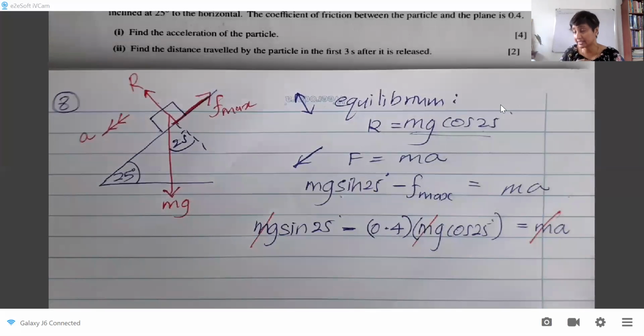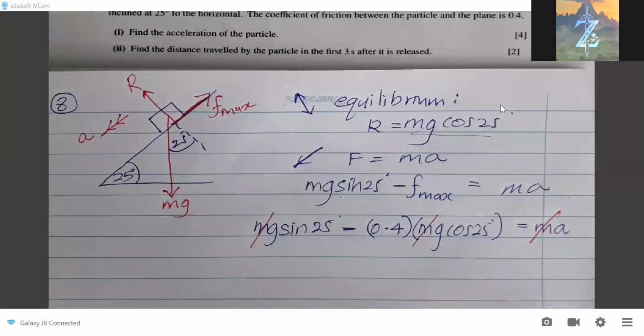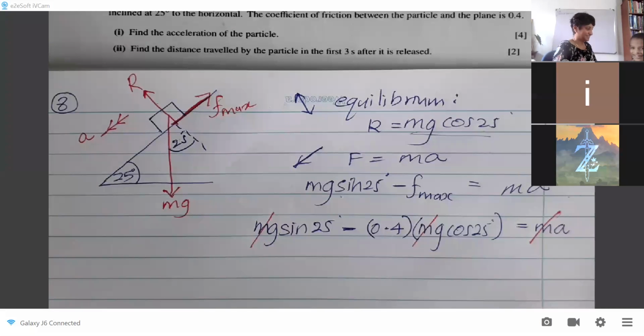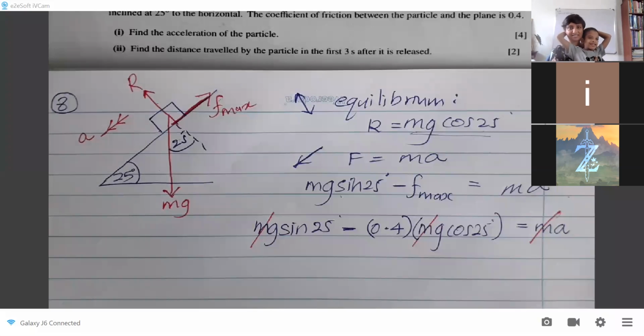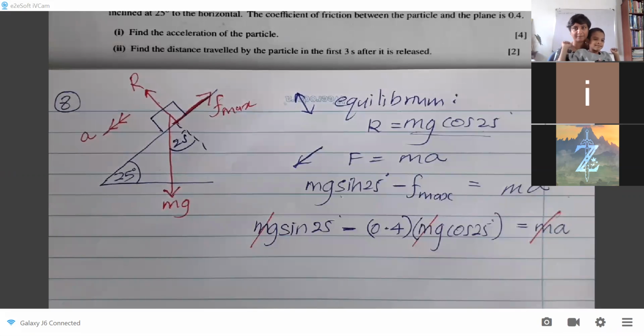Your friend is here. Your little friend. Miss, three significant figures. Wanna say hi to these Ayalas? What's that, Nathan? Three significant figures? For a? No, find the acceleration of the particle. It must be a good answer, I think.